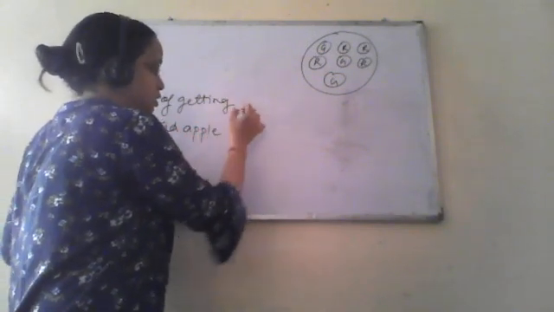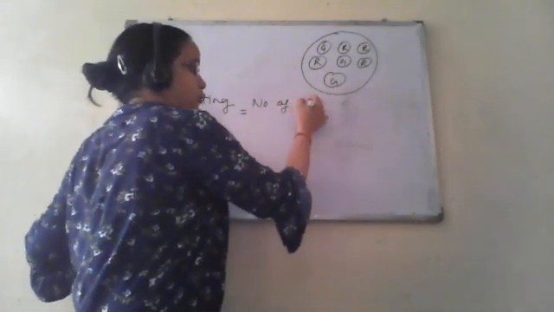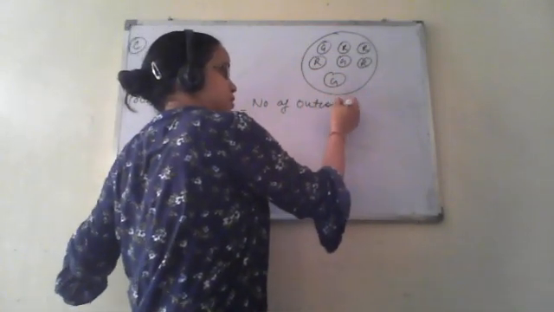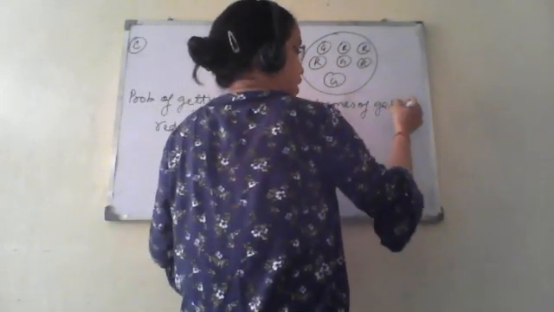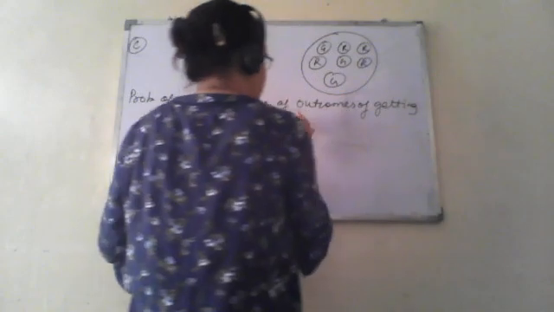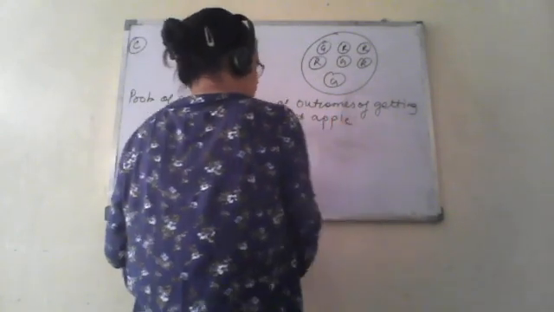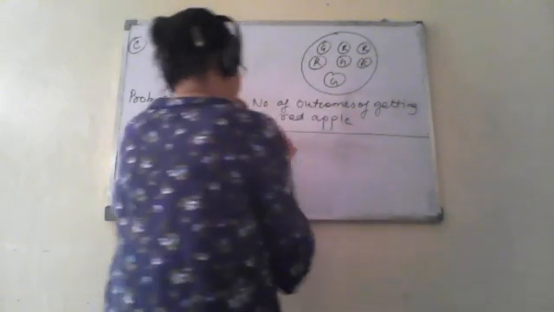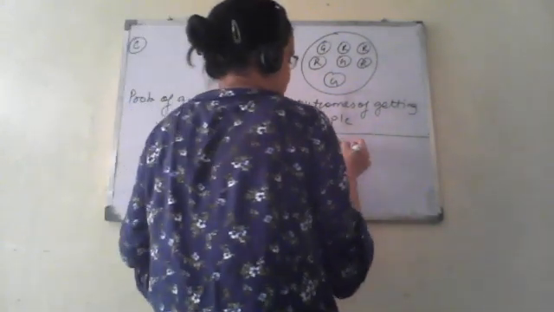So it will be the number of outcomes of getting a red apple upon total outcomes.